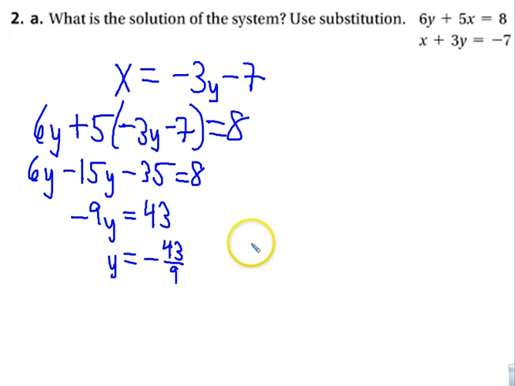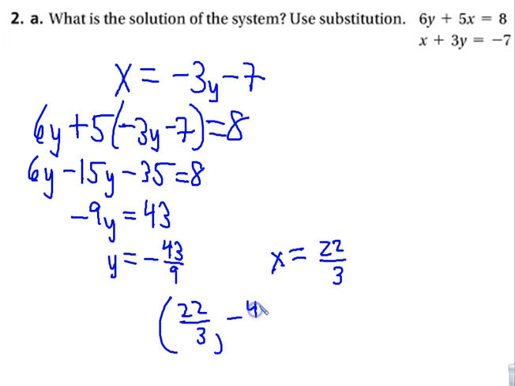So that's the y value, and then what we eventually find out is that x is equal to 22 over 3. So what we get is 22 over 3 comma negative 43 over 9. So that should be your solution for that question.